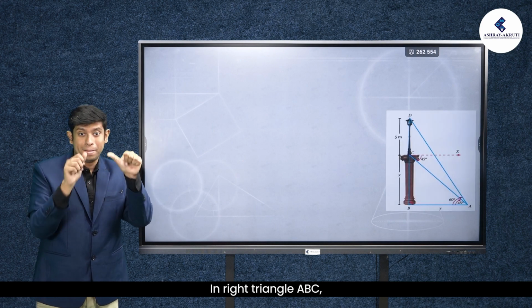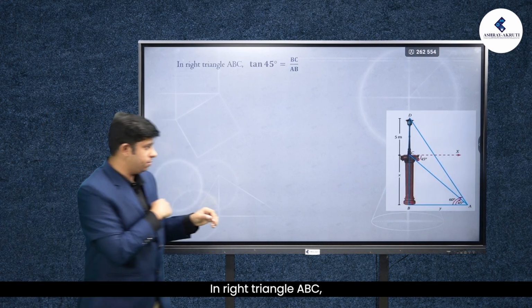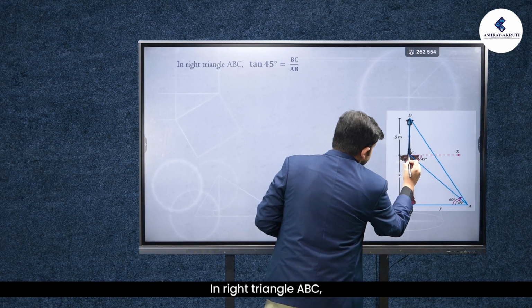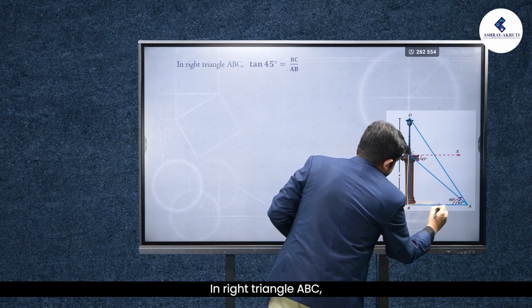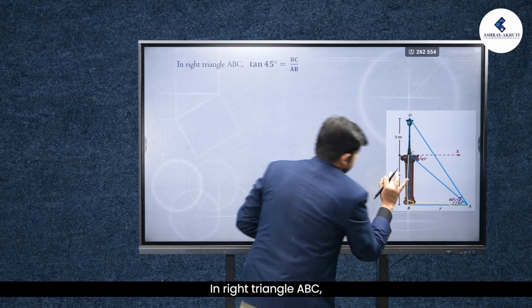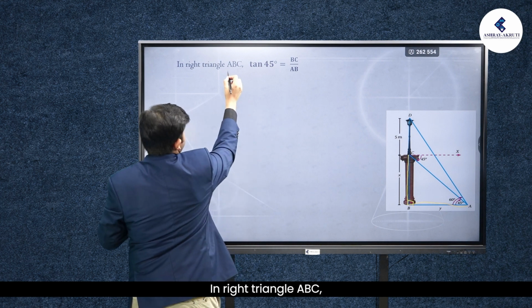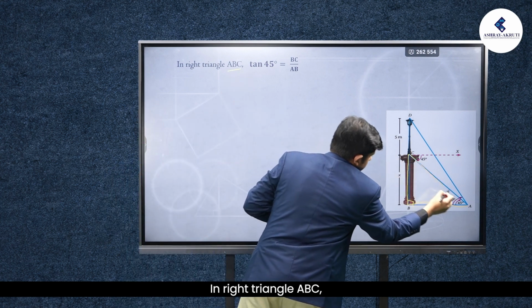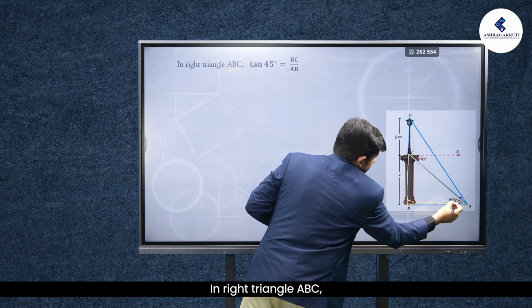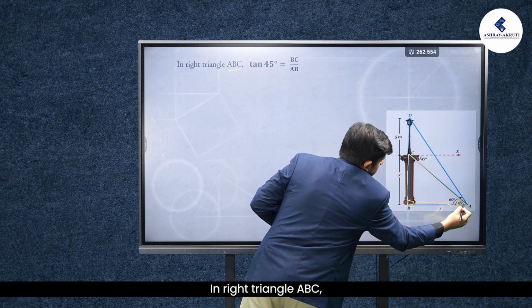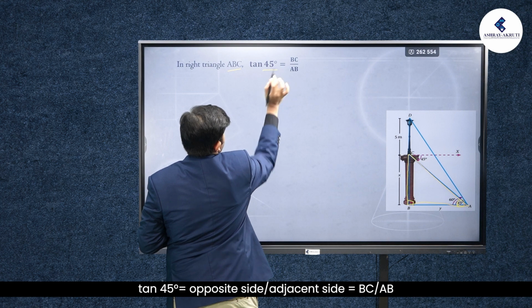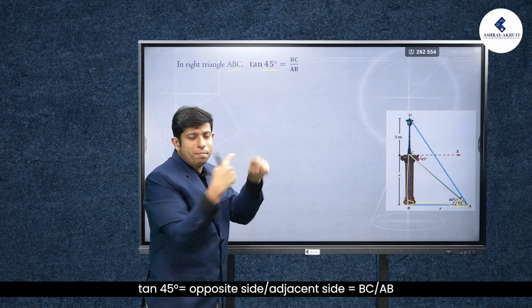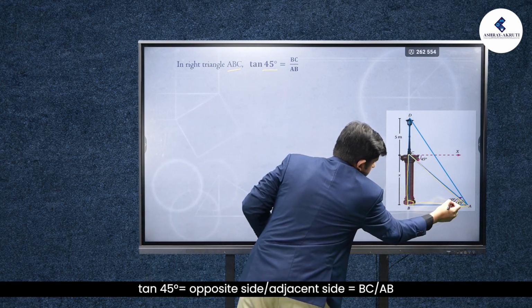In right triangle ABC, tan 45 degrees is equal to opposite side by adjacent side, that is BC by AB.